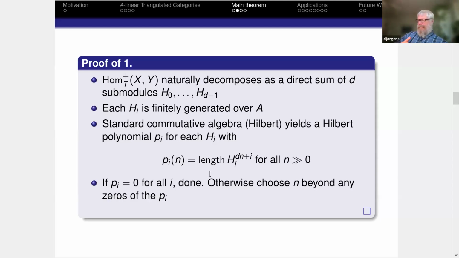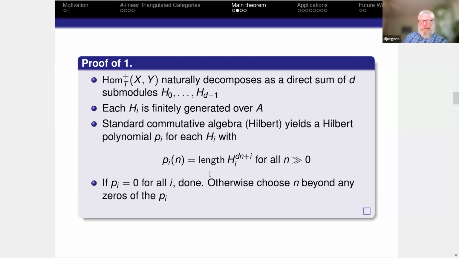You have all the submodules with index congruent to 0 mod d, all the submodules with index congruent to 1 mod d, etc. The Hom plus is a direct sum of all these submodules, and I'm calling those submodules H sub i.